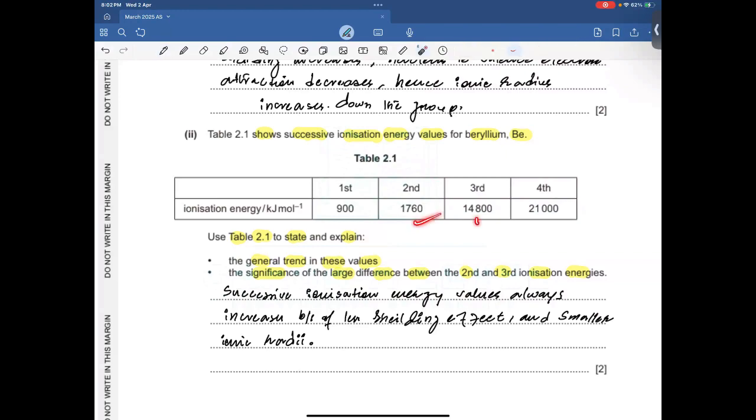Now, second and third has a massive jump that indicates there is a change in shell between these two, which means this third electron comes from the inner shell, right?